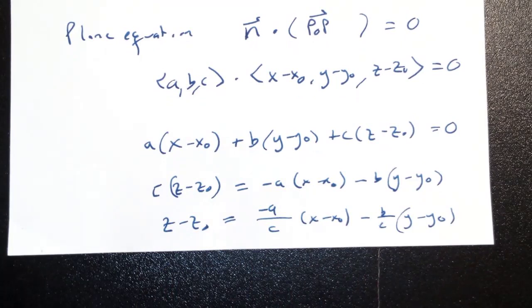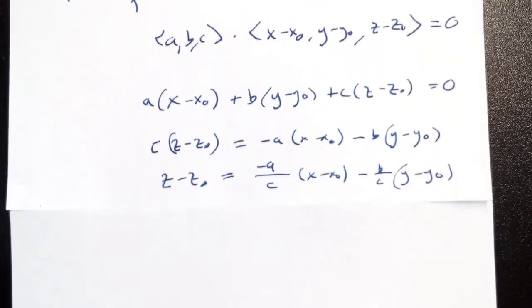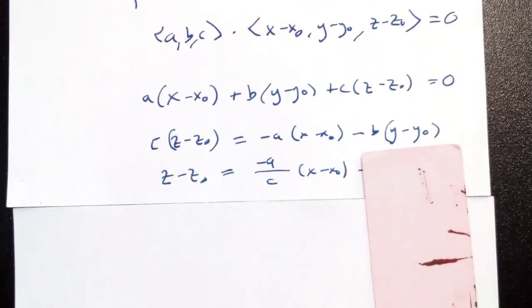With me so far? All I've done is rearrange. Here's the sneaky part. We fixed the y value. We're looking at a constant y, so only z and x are allowed to change. A over c is the slope of that line.